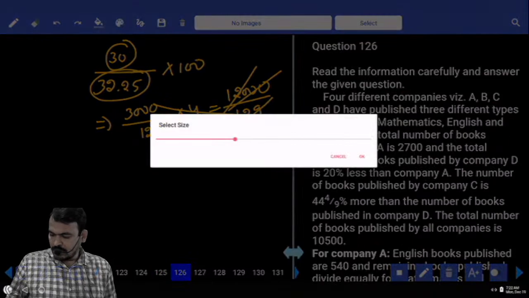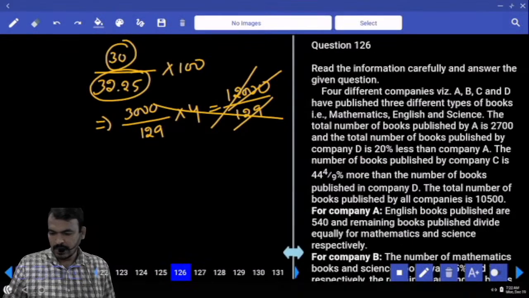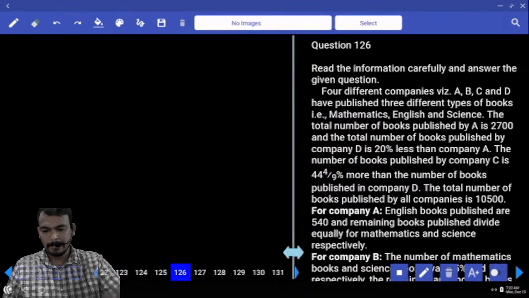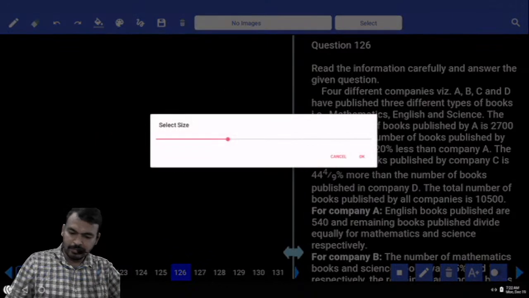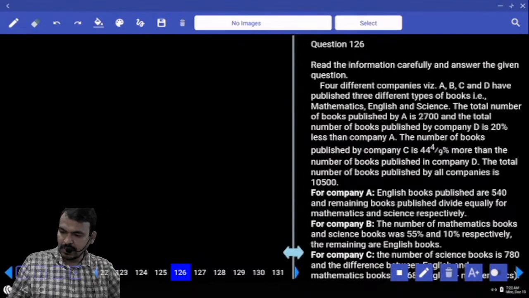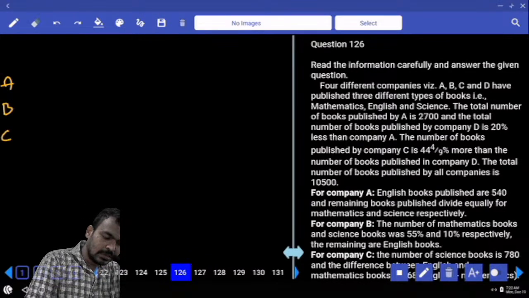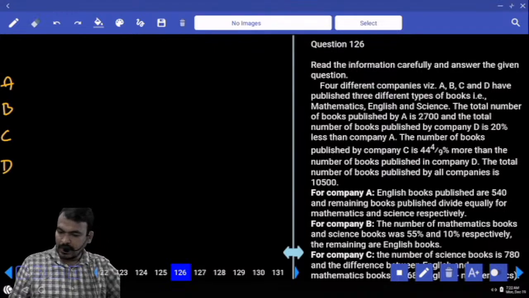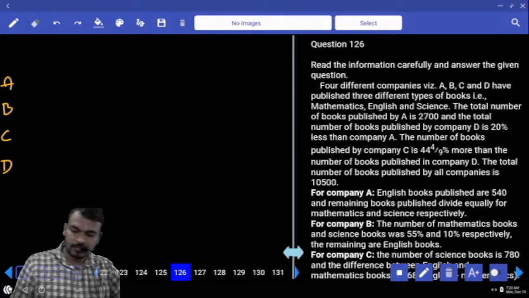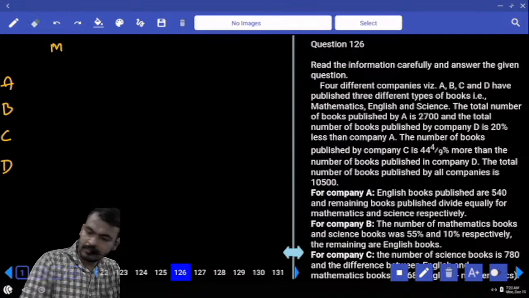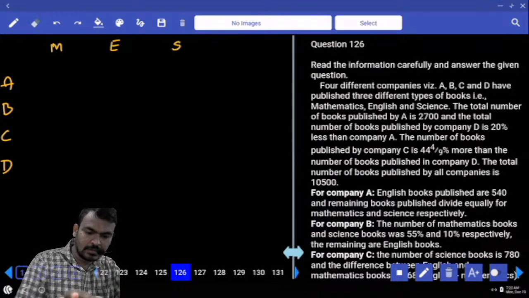Next question, number 126. Caselet. 4 different companies A, B, C, D are given. What are the companies here? A, B, C, D. And 3 different types of books: one is Maths, another one English, another one Science.